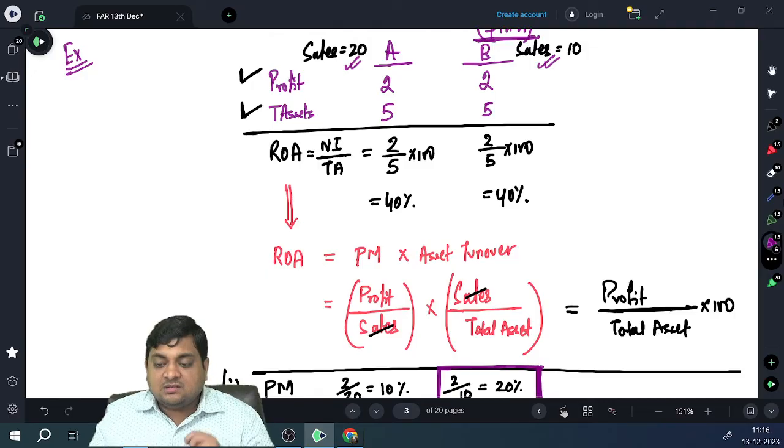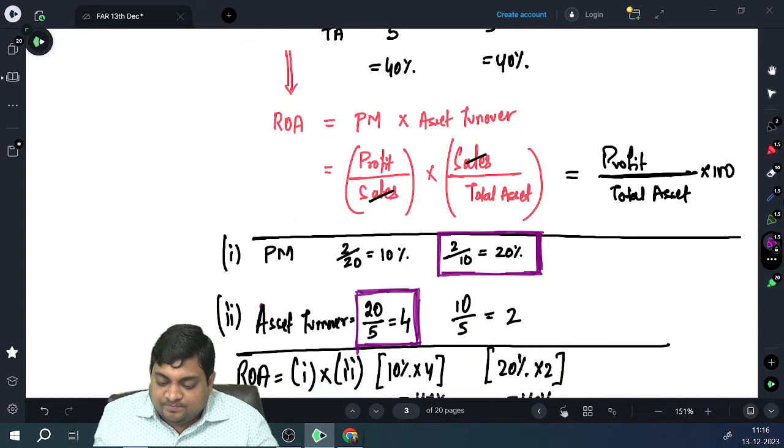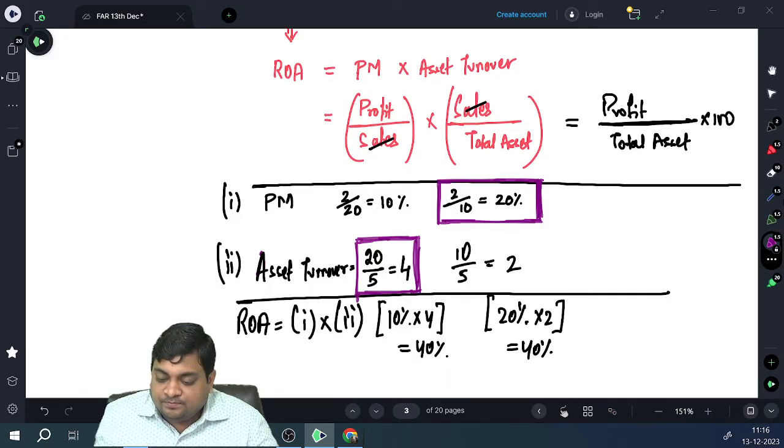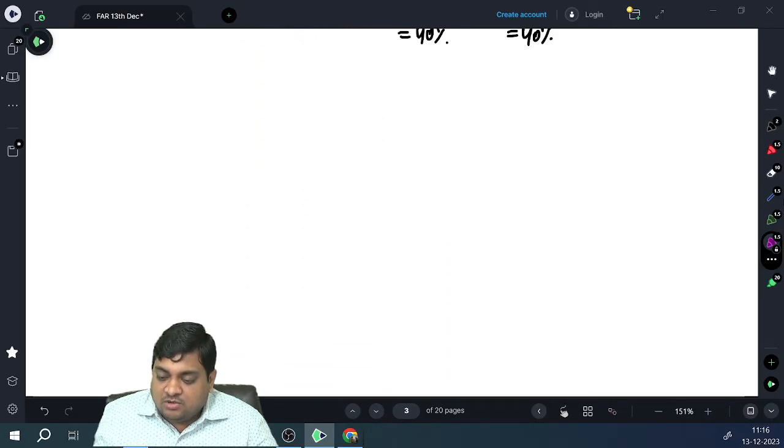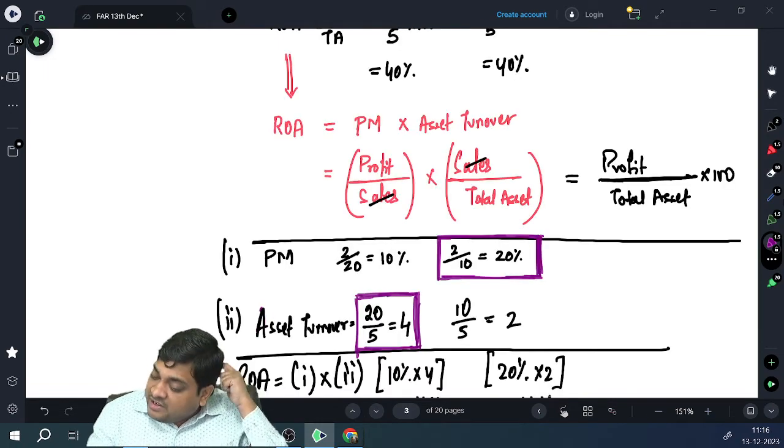So this is some kind of connection with the activity ratio and the profitability ratio, right? And I've already told you that the more efficient you are, the less liquidity problem you will face, right? Okay. So now let us talk about some liquidity ratios.